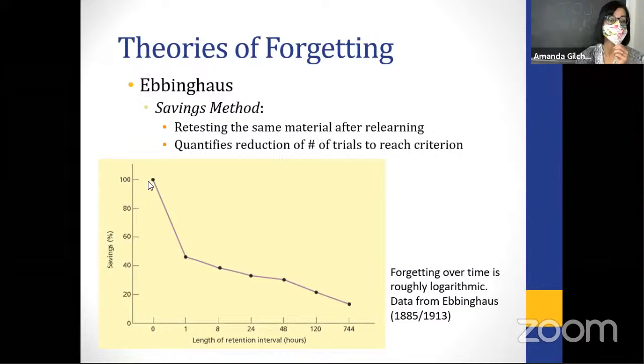Look at how much it drops from 0 hours. So that's basically immediate recall compared to the first hour. That is like over a 50% drop. And then what you'll notice is that past that hour, there's still decline, there's still forgetting, but it levels off. It's much more stable.